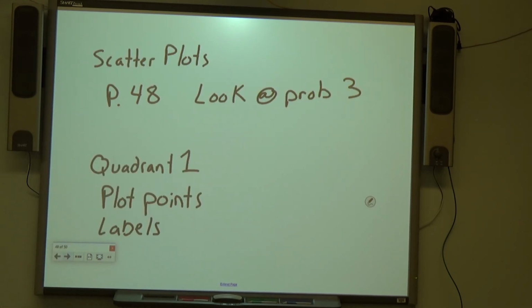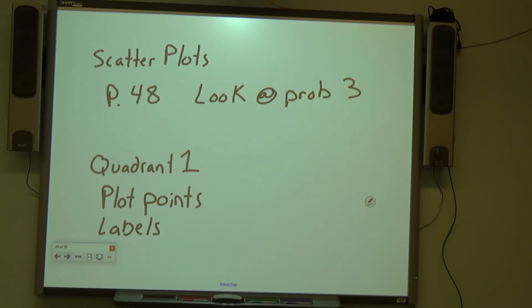Scatter plots. I'm not going to put a scatter plot on the board. You do need to go to page 48 in your textbook and read through example 3. Pay particular attention that a scatter plot is always in quadrant 1 and 0, 0 is in the bottom left.